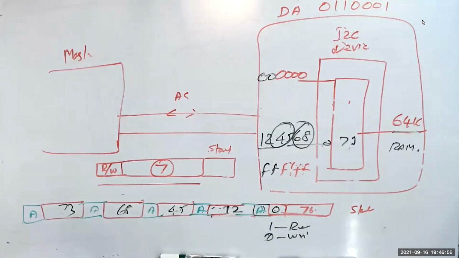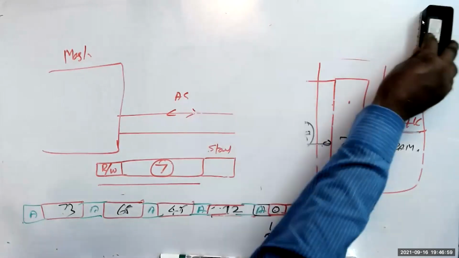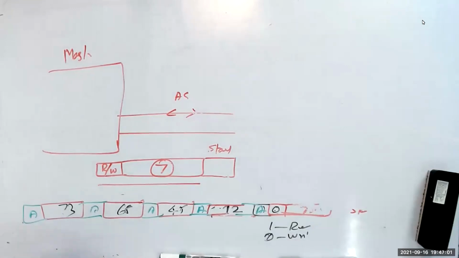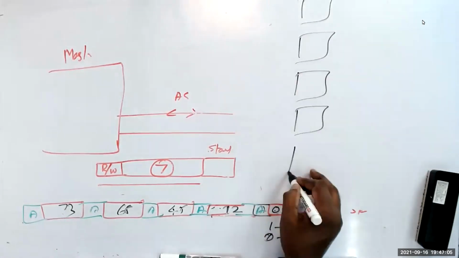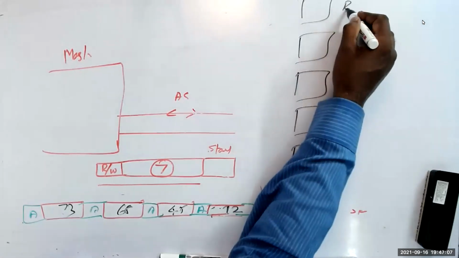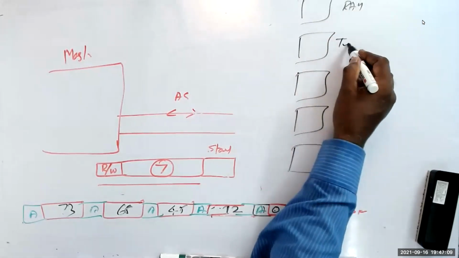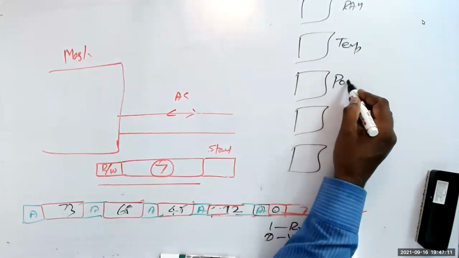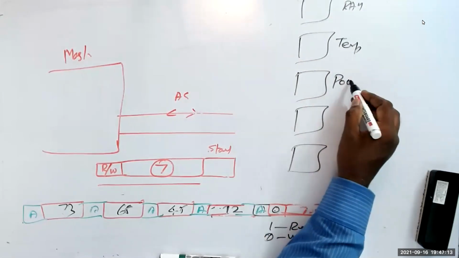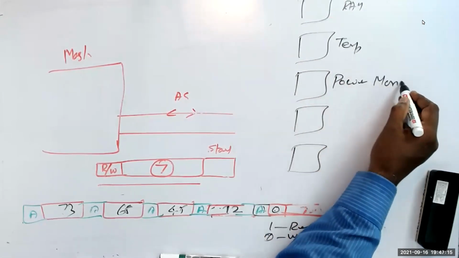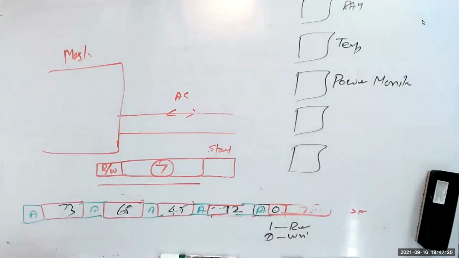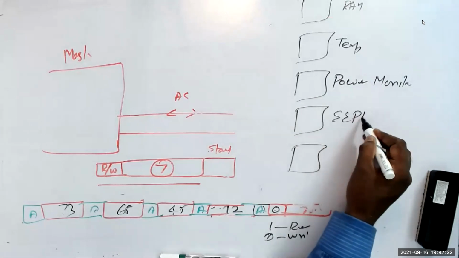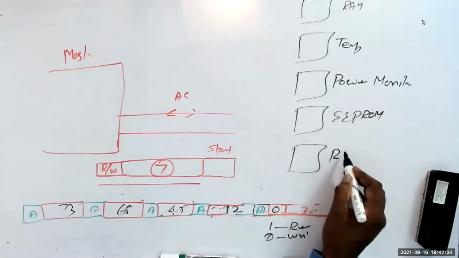Device depends on how many devices you have. Device is nothing but how many devices you connect. How many ICs? One could be RAM, one could be a temperature controller, one could be a power supply monitor, one could be your EEPROM, one could be an RTC.